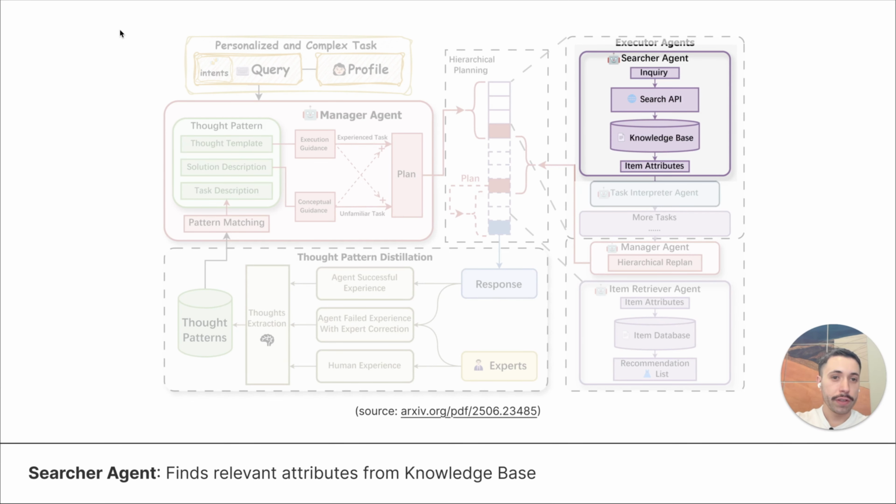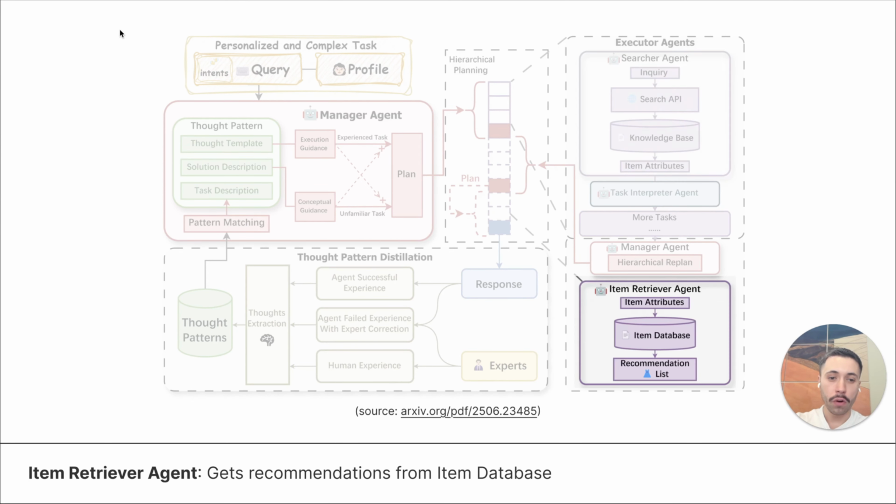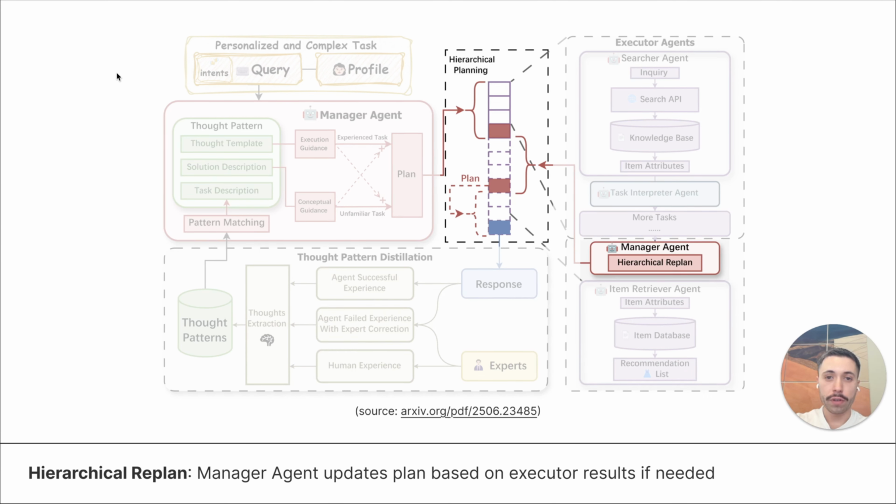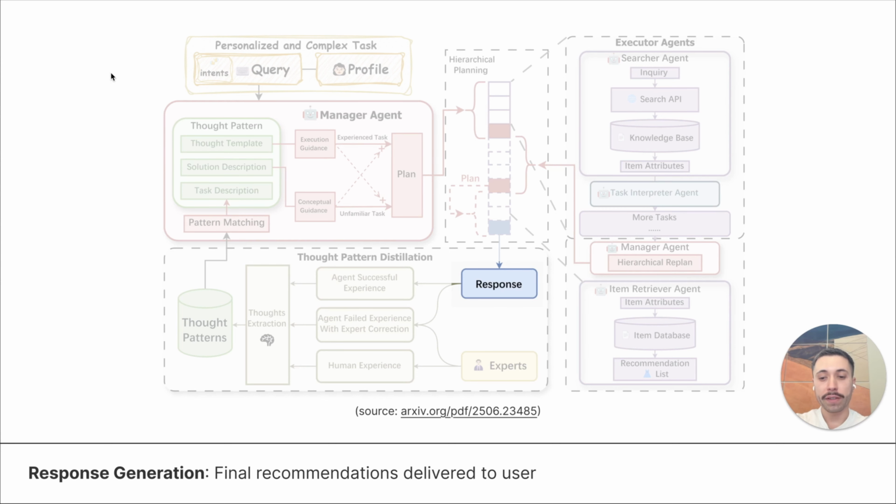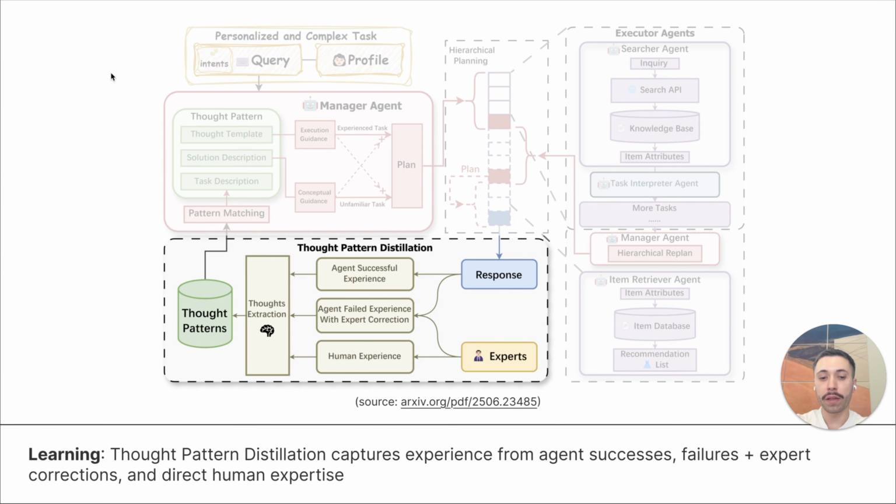Then these instructions are sent to the searcher agent to find item attributes, or to the item retriever agent to find the actual recommendations based on these item attributes. And throughout the execution, the manager agent keeps the plan updated whenever it's needed. And at the end, the user gets the final recommendations. And of course, all the experiences from the successes or failures of the agent, as well as the corrections by expert humans, are being saved back into our thought patterns.